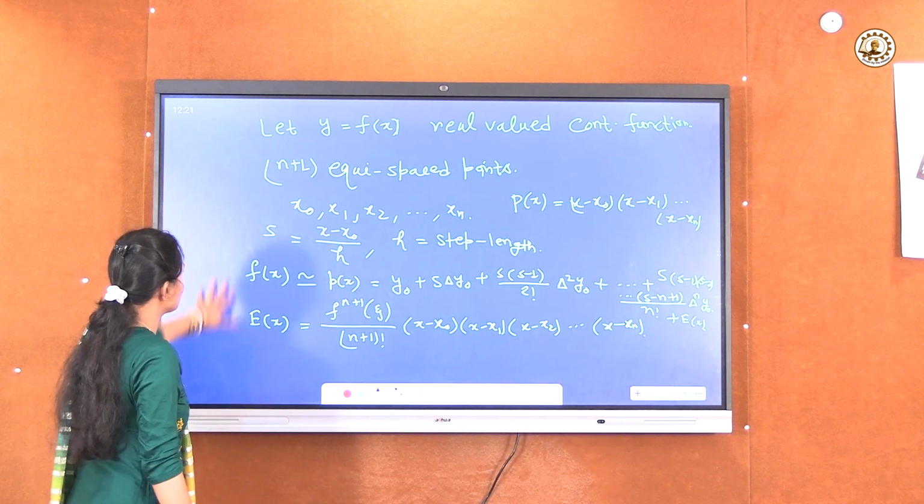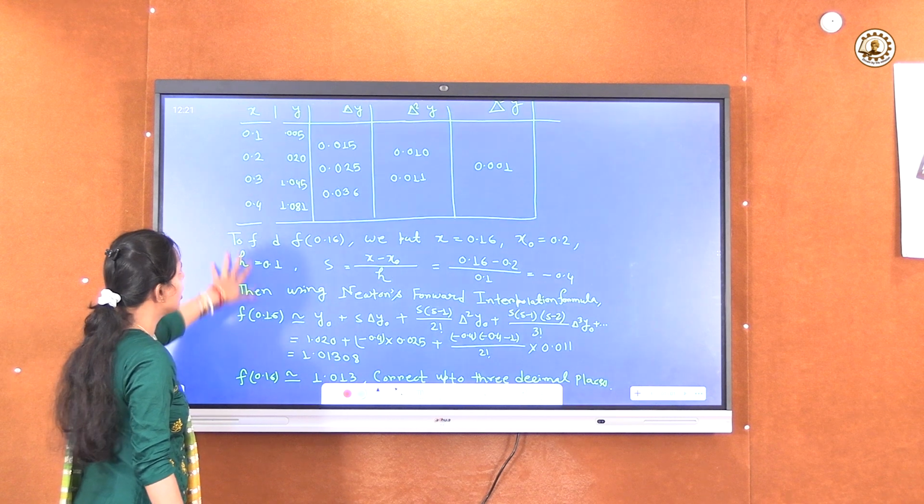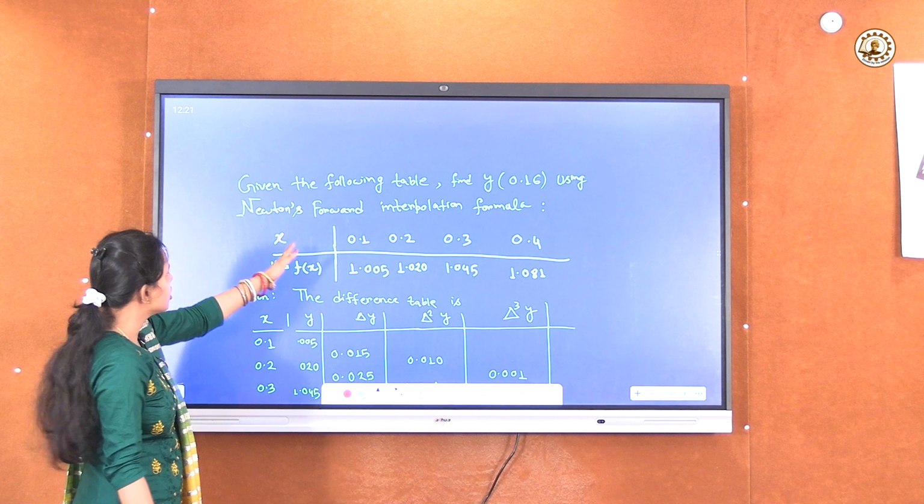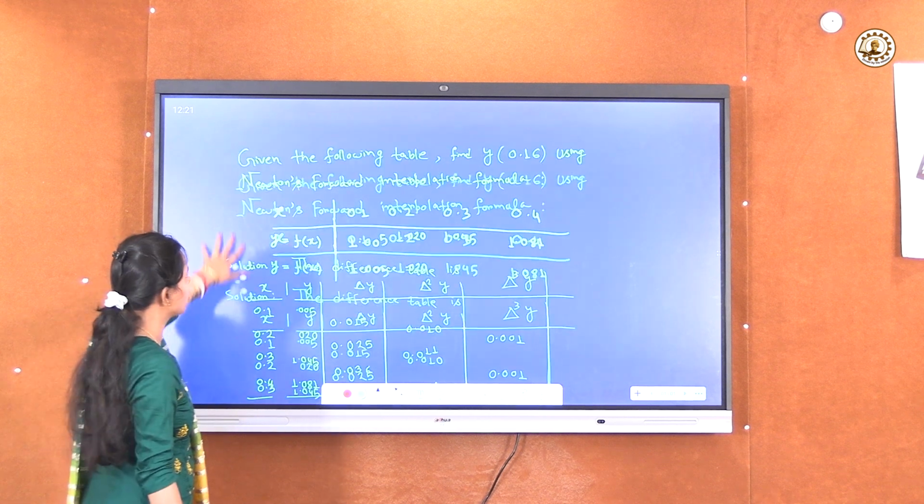So we discuss this mathematical example by applying Newton's forward interpolation formula.